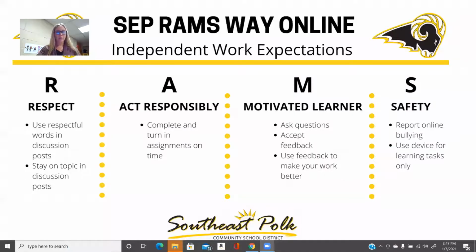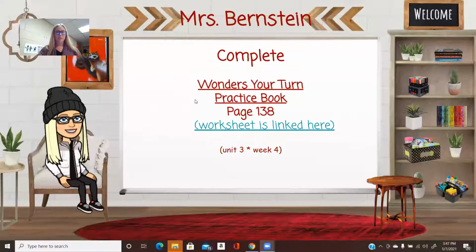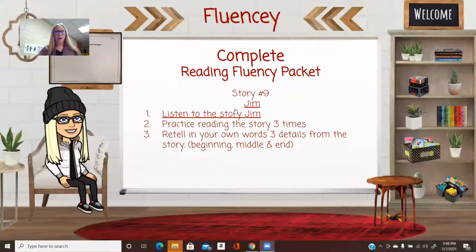All right. Remember, we're working on those RAMS plans, working on independent work. Our real goal here is working on completing our assignments and turning them in on time. You need to do the Your Turn practice book, page 138 today. It's working on 2-syllable words. Also, you have in your fluency packet, story number 9, Jim.